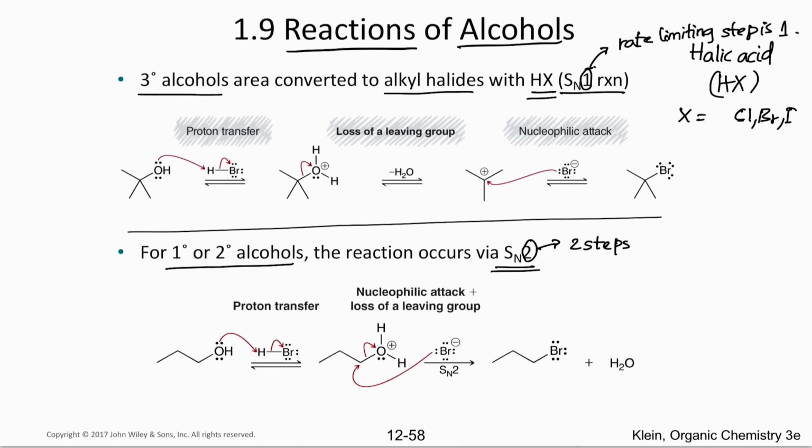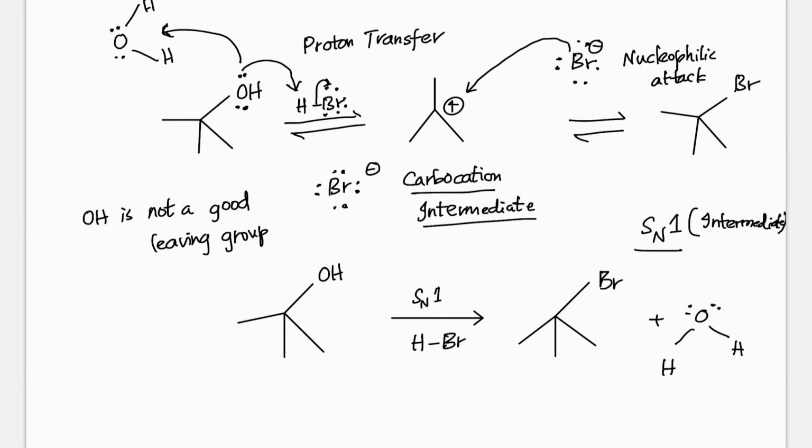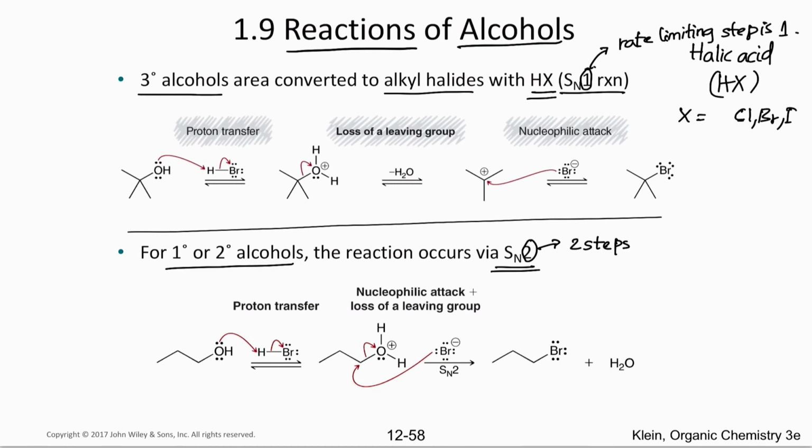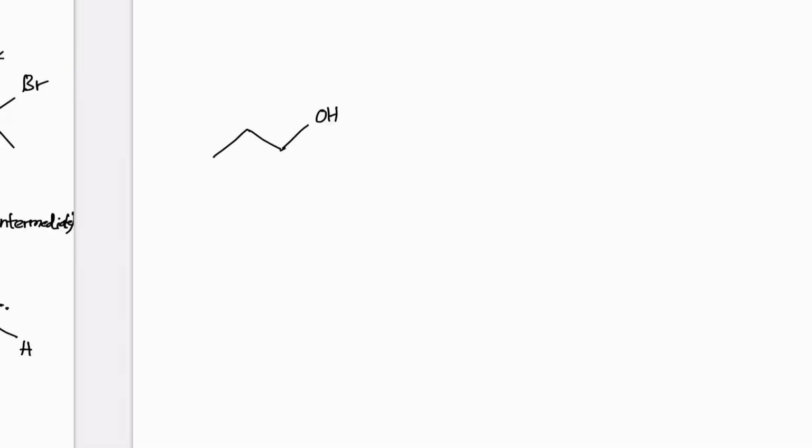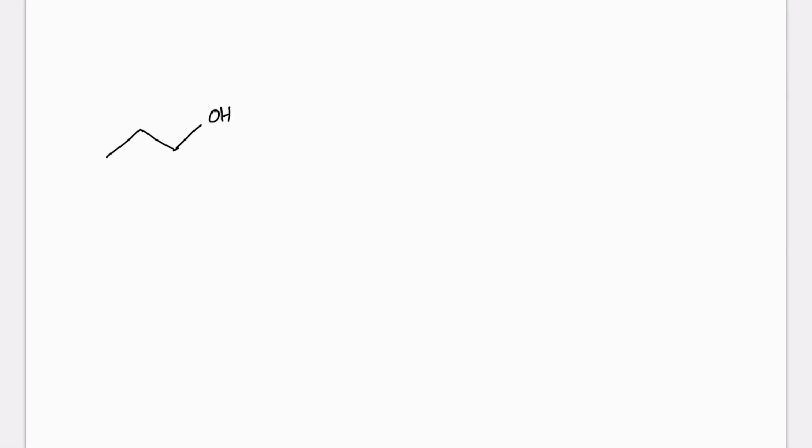Next, let's look at SN2 reactions where we have a primary alcohol. Here we again have proton transfer, so the reaction happens similarly to this one. You have HBr, and the oxygen undergoes proton transfer.